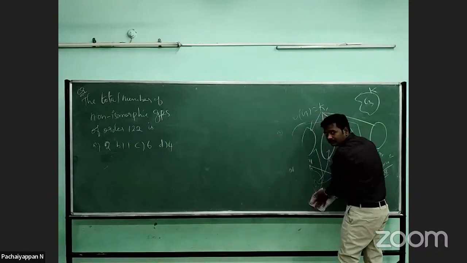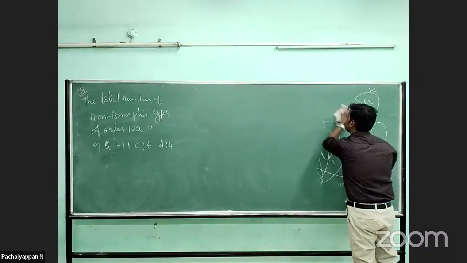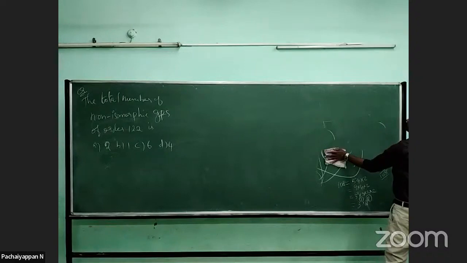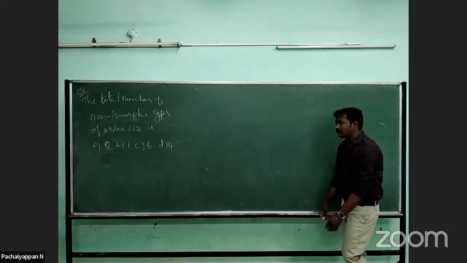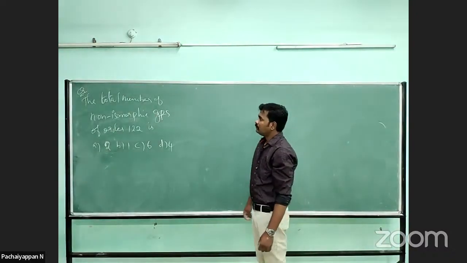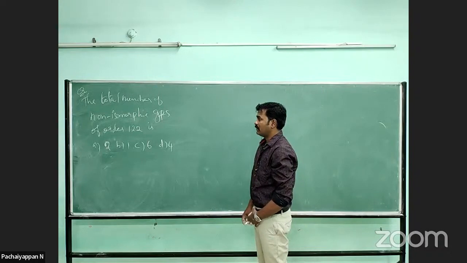Is anyone answering? The total number of non-isomorphic groups of order 122.